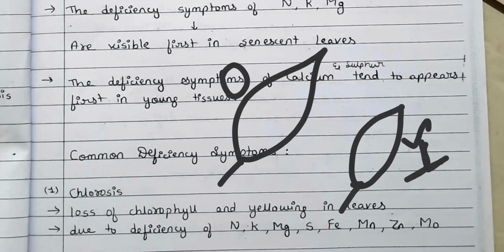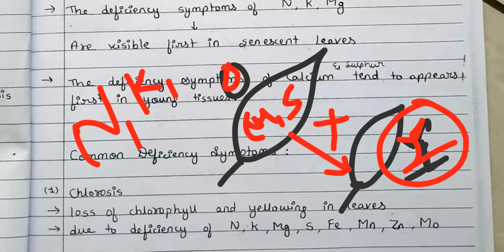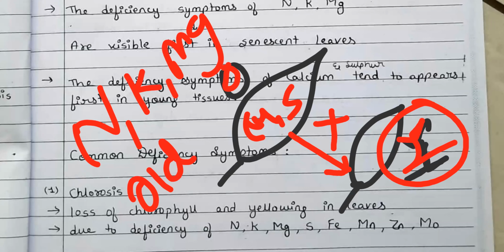Calcium and sulfur present over here are not easily transferring to the younger. So now tell me, in older or younger, where will we see the deficiency symptom first? Younger, right? So calcium and sulfur, in younger, we will see the deficiency symptom first. If N, K, Mg, then older, right?